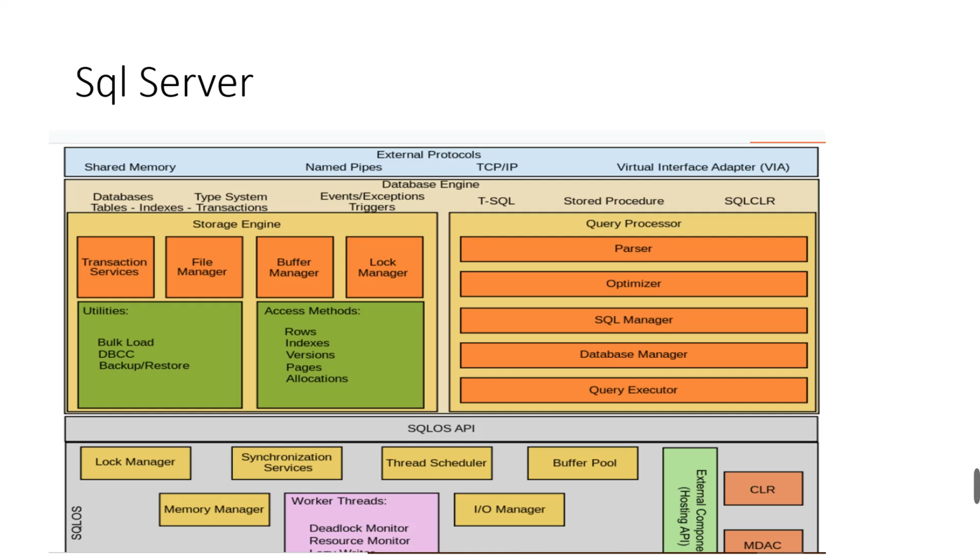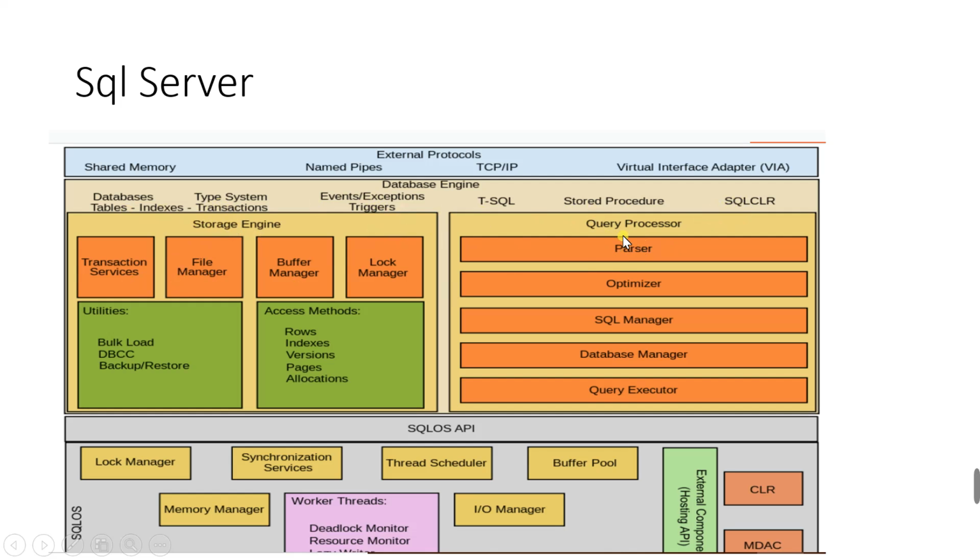So this is the basic diagrammatical view of the SQL Server architecture. You can see on the top are the external protocols: named pipes, TCP, and virtual interface adapter. We have a database engine: database tables, transactions, triggers, T-SQL, stored procedures, SQL CLR. Below that we have a storage engine: transaction service, file manager, where the data is actually stored.